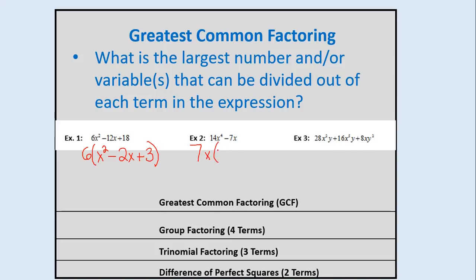Now I need to think, what would be left behind? Well, 2, because 7 times 2 is 14. I have 4 x's, but I took 1 away, so that'd be 2x cubed. Then 7 is about to be a 1. And since I took that 1x away, it looks like 2x cubed minus 1 would be left behind in there. Correct?